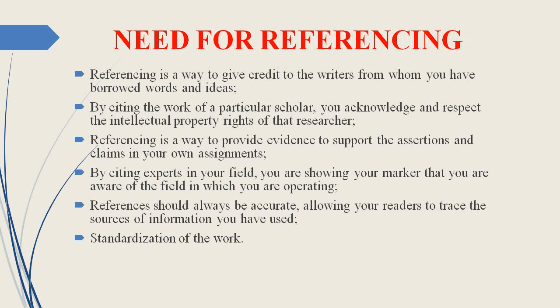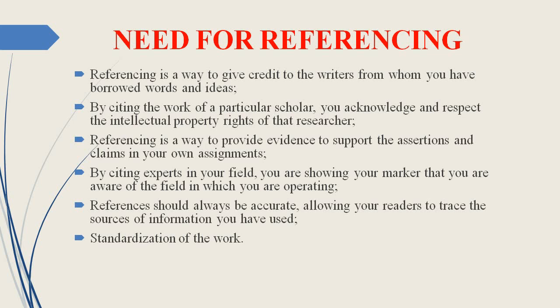Then we have citing experts in our own field. Suppose my field is geography, and in that field, if I am reading about climate change, it is a must to read the experts and the pioneer works in the field. So what do we do by citing experts in the field? We are showing the reader that we are updated, that we know our field.